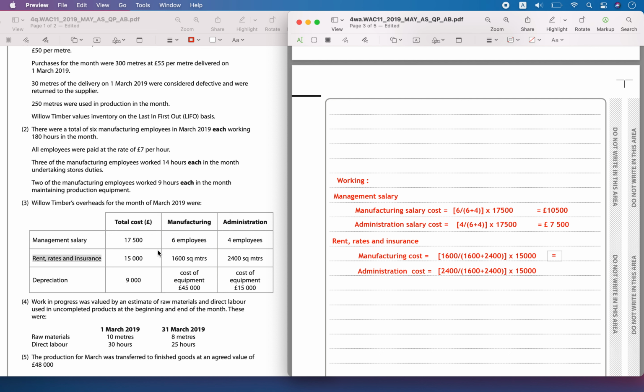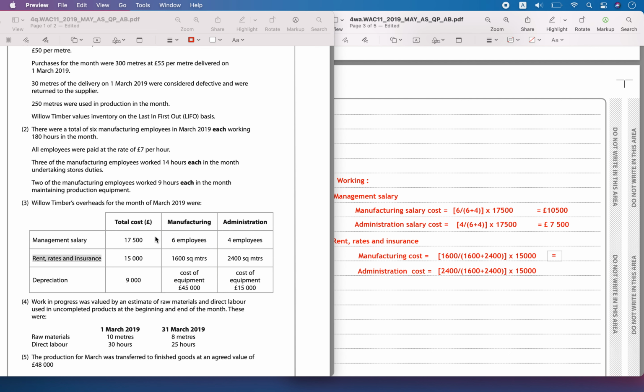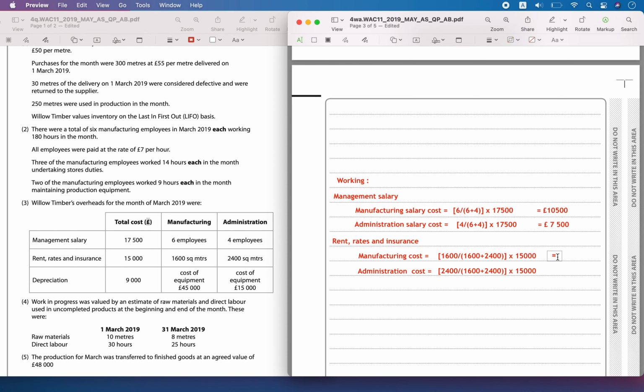It is 6,000 pounds for manufacturing, and for administration it is the remaining 9,000 pounds.